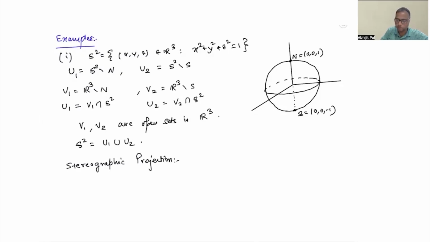Okay, so what is stereographic projection? You take the line segment starting from this north pole. It will intersect the sphere, and if you continue, it will intersect this XY plane.